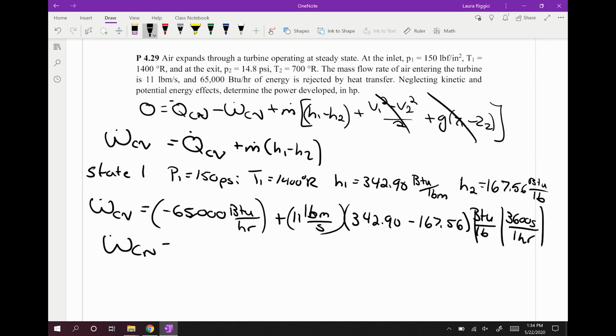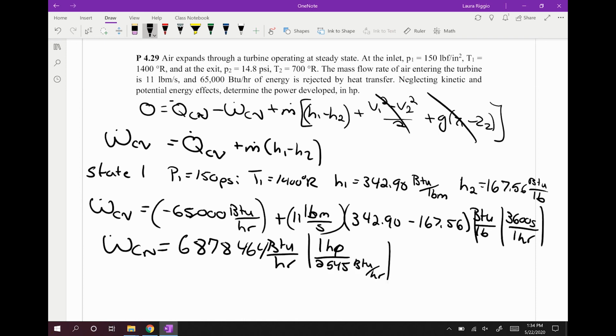We get our work is equal to 6,878,464 BTUs per hour, or using the fact that 1 horsepower is 2545 BTUs per hour, we get 2,703 horsepower. In our next lecture, we're going to go over compressors and pumps.